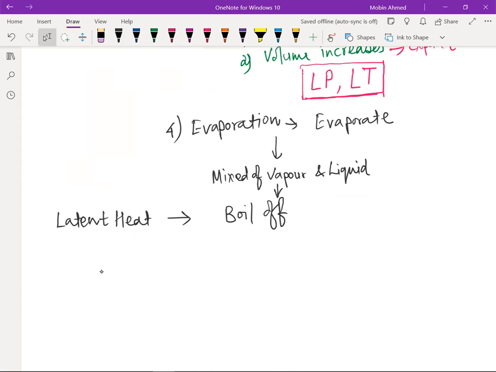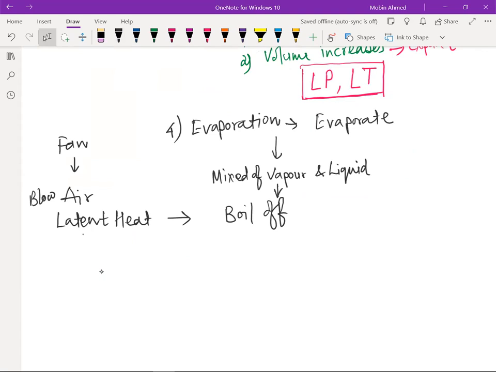Whose latent heat? This latent heat is there in the air. Here, because we are going to have a fan, this fan is going to blow the air, and the latent heat of this air will be taken by the vapor and liquid. Means it is going to take this and it is going to boil off.